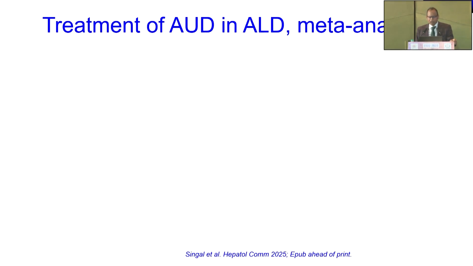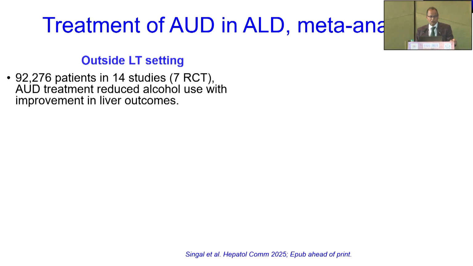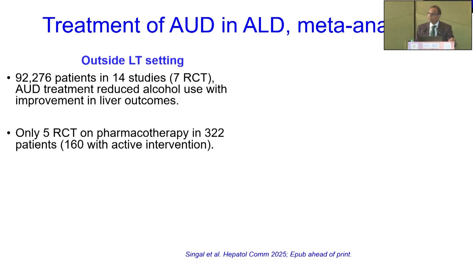And what about treating alcohol use disorder and liver disease in research? Look at the outside liver transplant setting, close to 100,000 patients. Pharmacological therapy is only 300 patients.